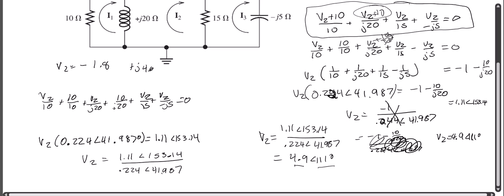And where did the 1.11 come from? That's just this converted to polar. It's the minus 1 over 10 and J20. It's minus 1 minus 10 over J20. Yep.